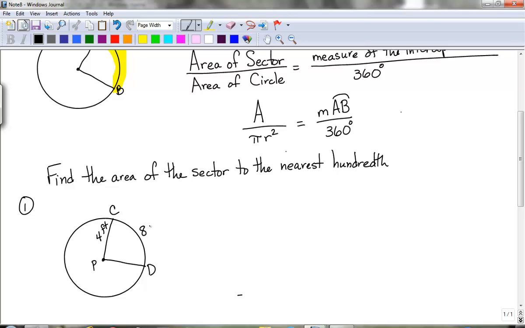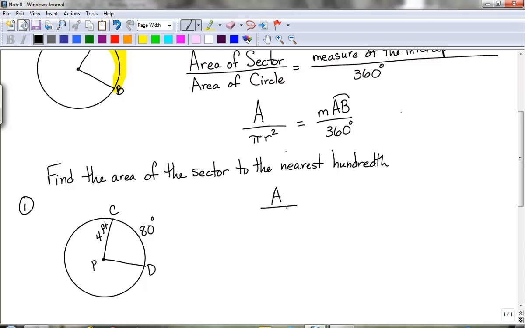And label this arc as 80 degrees. Okay, and we're trying to find the area of the sector. So let's write the formula down first.